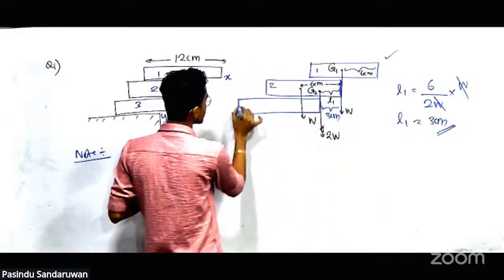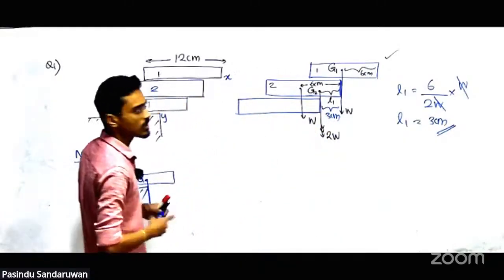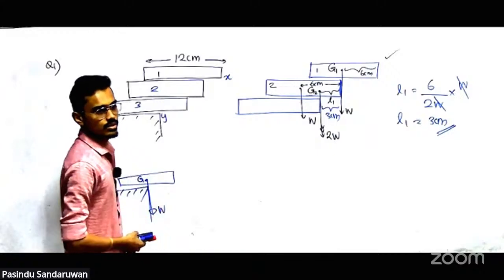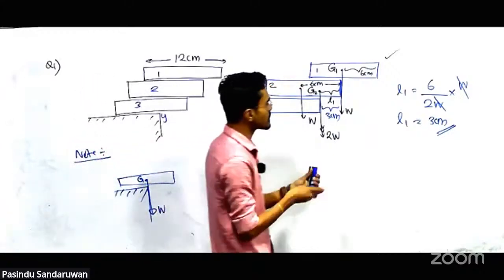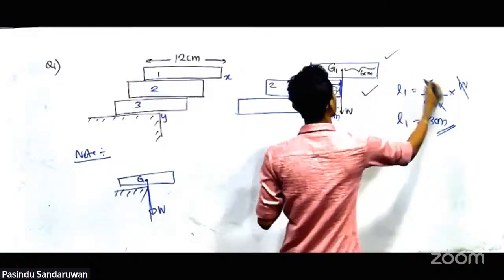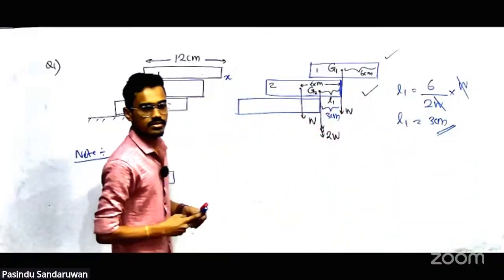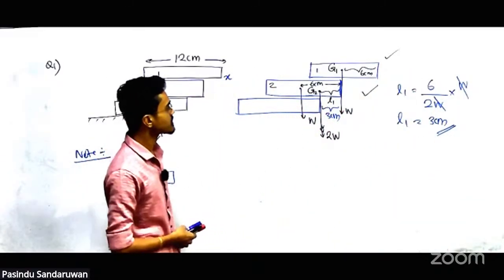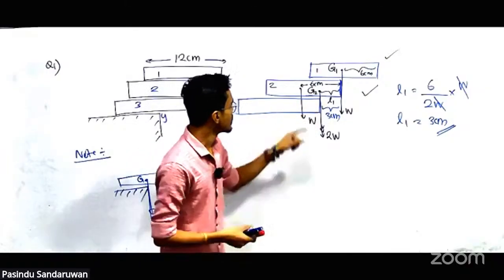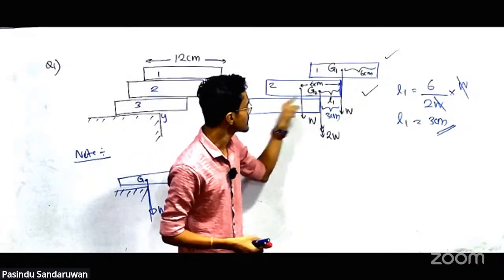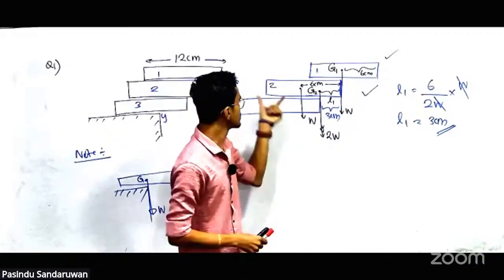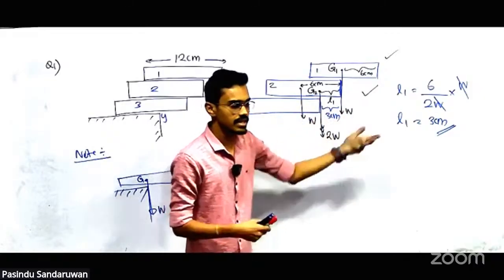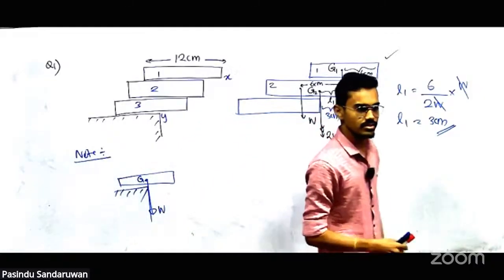Does it fall now? No. The first two books are balanced now, right? This resultant is here, at the edge of the border. So it won't fall.